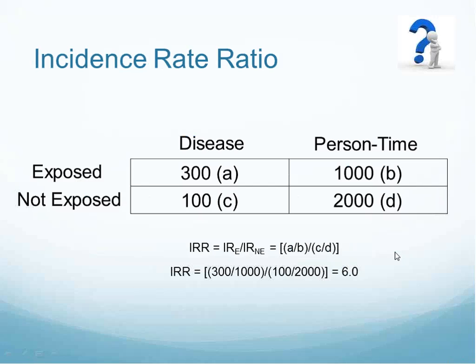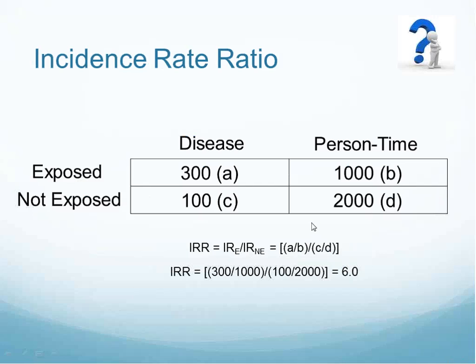So one type of effect estimate is the incident rate ratio. This is for the types of studies where you have follow-up time as part of your denominator or incidence. And this is just an example. Again, I don't expect people to come out of this seminar knowing how to run these calculations or conduct their own study, but hopefully give you a better idea of what some of these things mean if you see them in the literature.